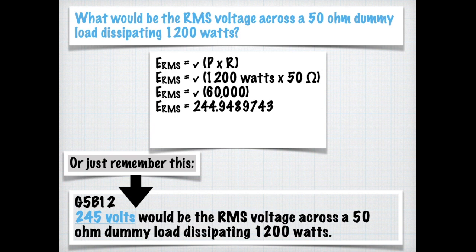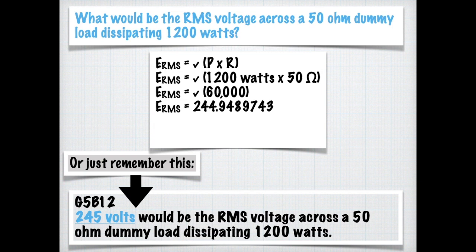In this, we're given the power of 1200 watts and a resistance of 50 ohms. So that results in 60,000, and we need the square root of that, which gives us 244.9489743. And by the way, you are allowed to use a calculator.